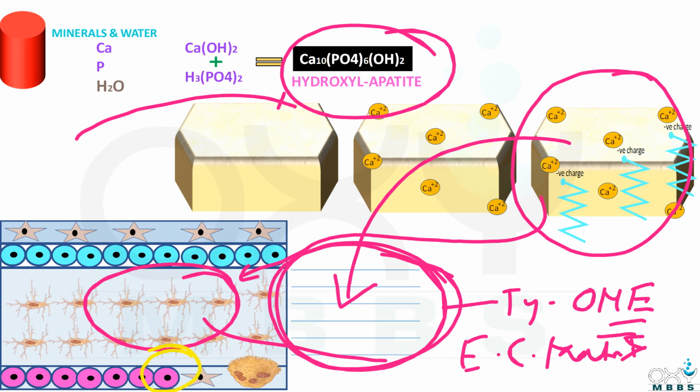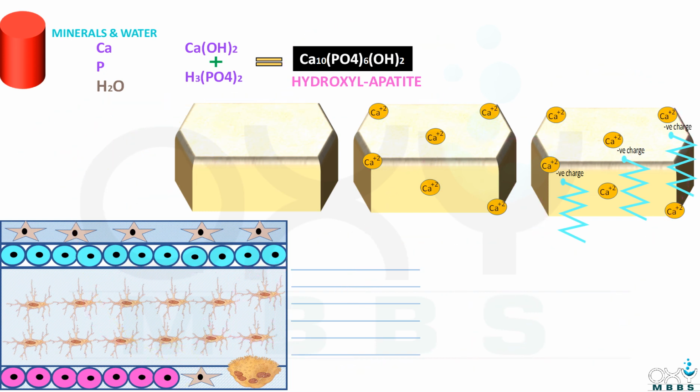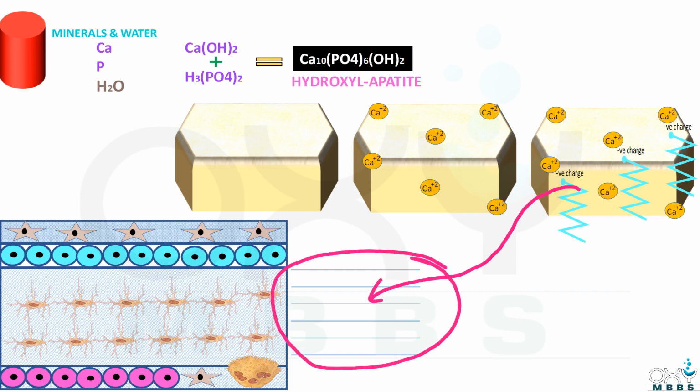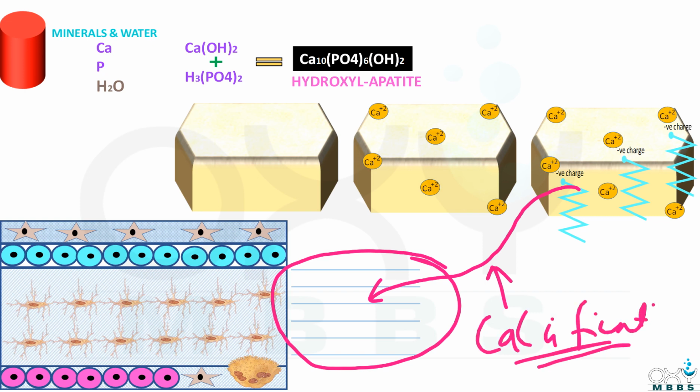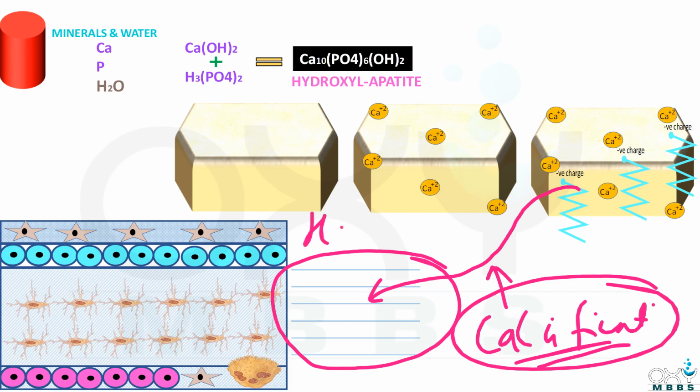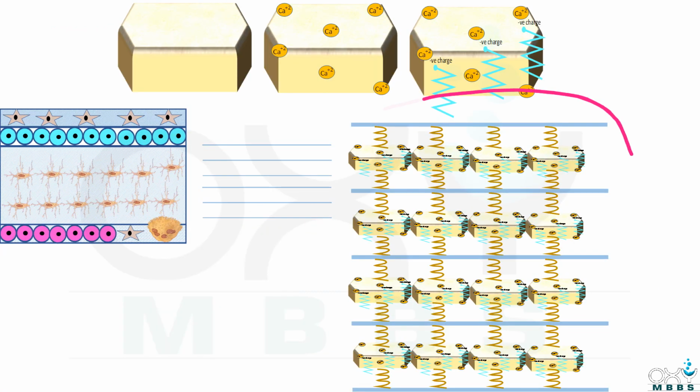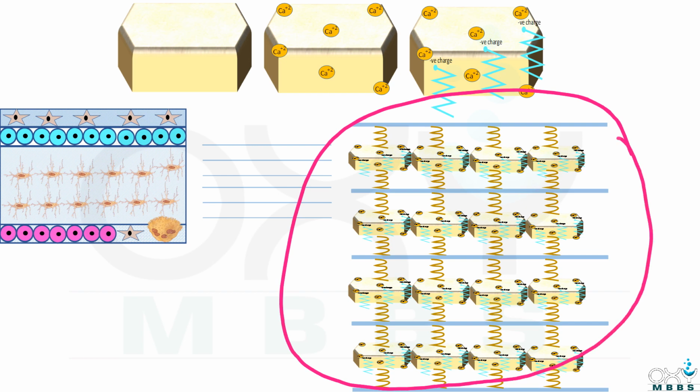That is why osteoblast cells are called bone forming cells. And this process of deposition of hydroxyapatite within the framework of the collagen is called calcification. And because of this calcification, bone becomes hard. So friends, this is how hydroxyapatite is deposited within the collagen framework.